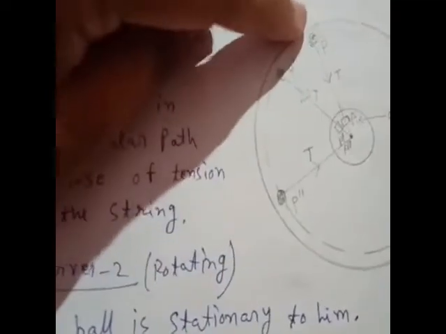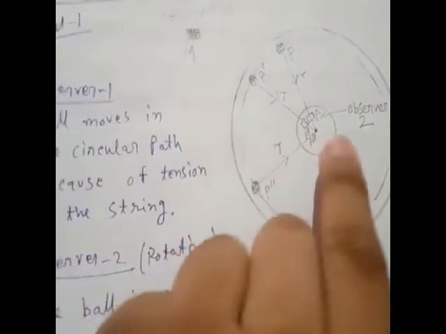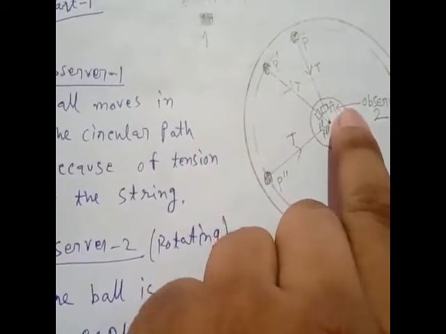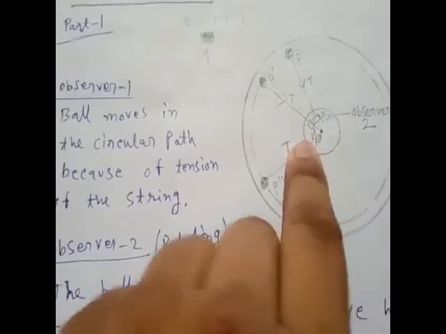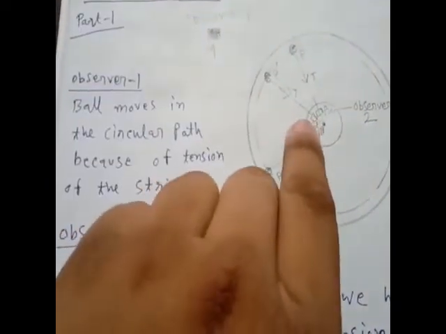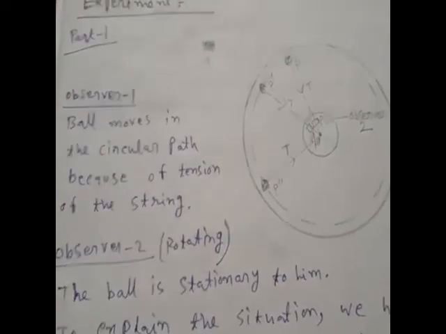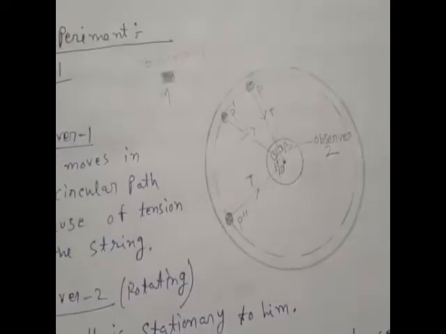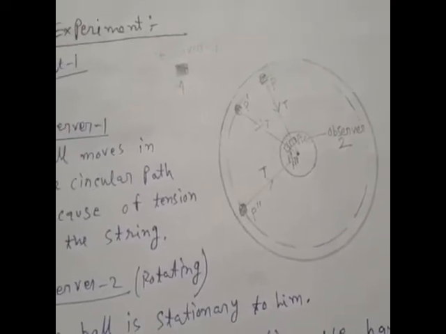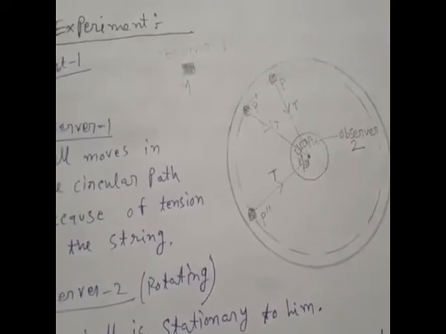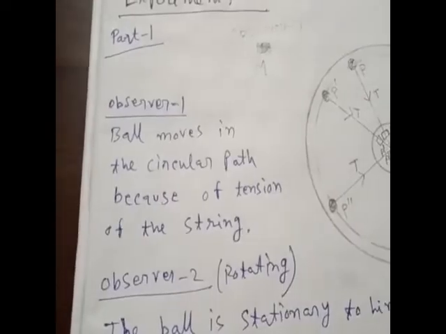Because when the ball moves from point P to point P dash, the rotating observer also moves from A to A dash point. So observer 2 and the ball are continuously moving together with the same angular speed, so the ball remains stationary to the rotating observer.